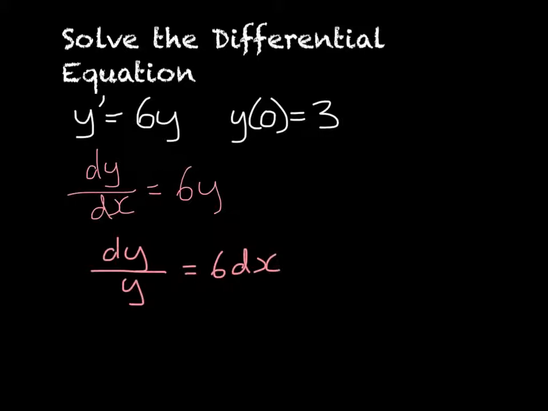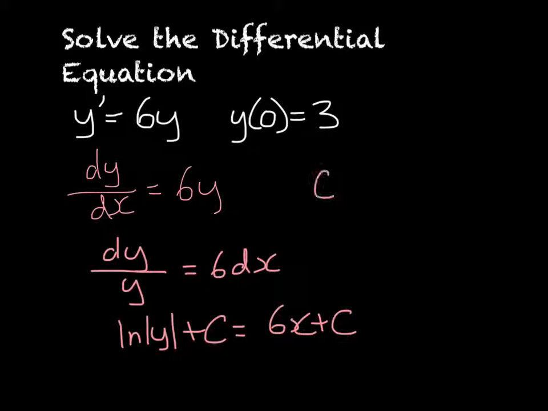Now we can just integrate both sides, so that gives us ln of y equals 6x plus c. And then we can put things in terms of y, so we have constant times e to the power of 6x equals y.